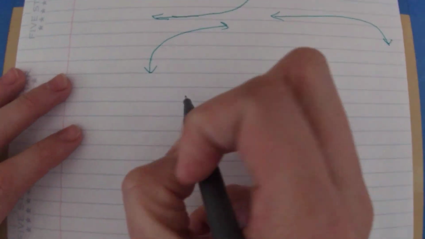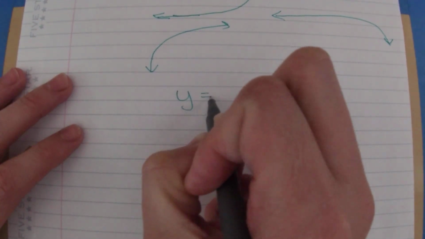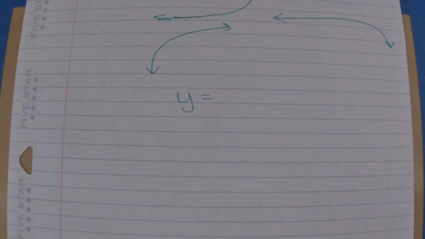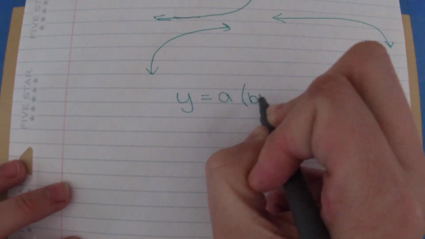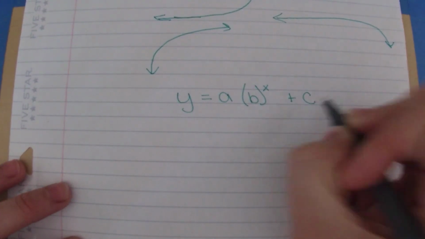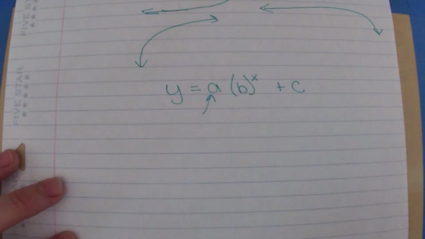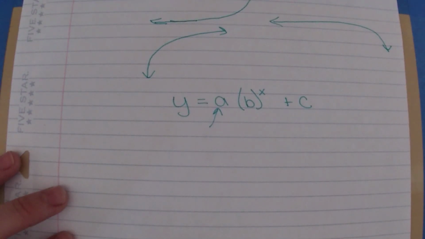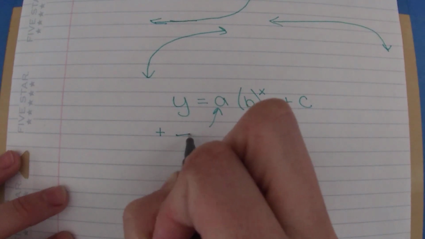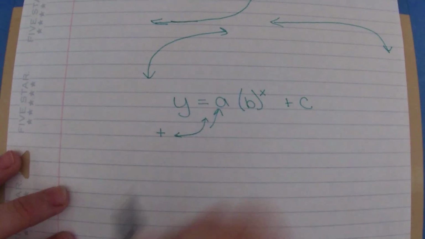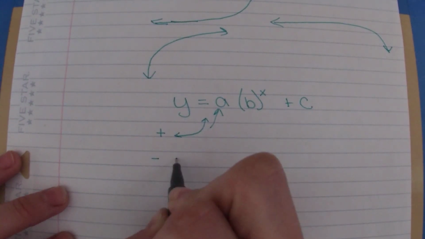We have this form that says y equals a b to the x plus c. Okay, a is still going to tell us if it opens up or if it opens down. So if a is positive, we are going to get a swoop that opens up, and if a is negative, we are going to get a swoop that opens down.